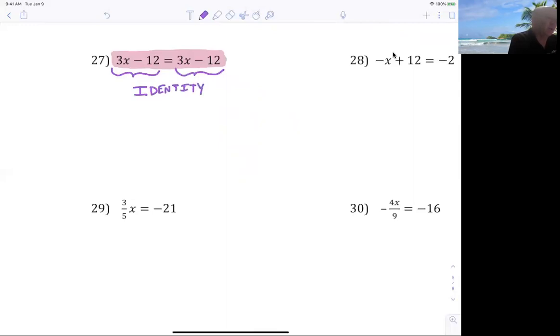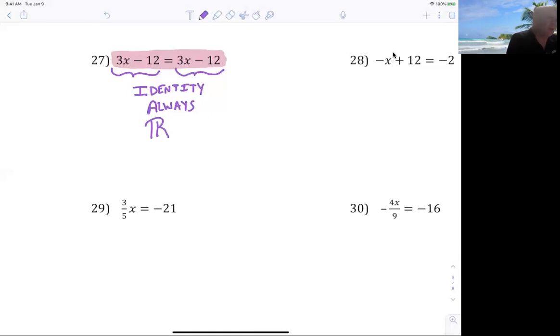When does 3x minus 12 equal 3x minus 12? It always is equal. And what exactly does that mean? That means it doesn't matter what the x value is, 3x minus 12 is always going to be the same as 3x minus 12. When something is an identity, we say that the solution is all real numbers.